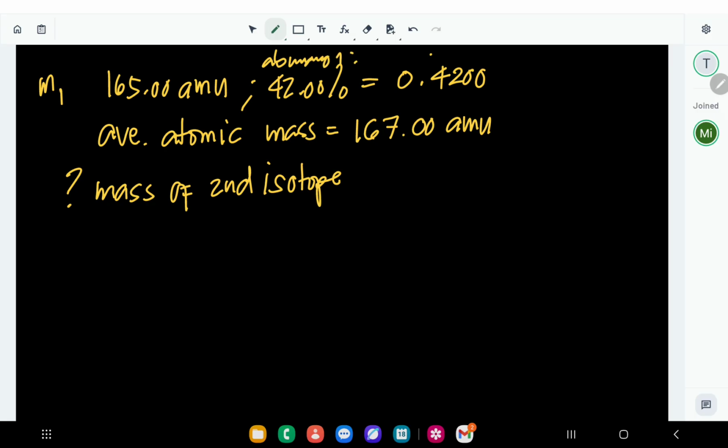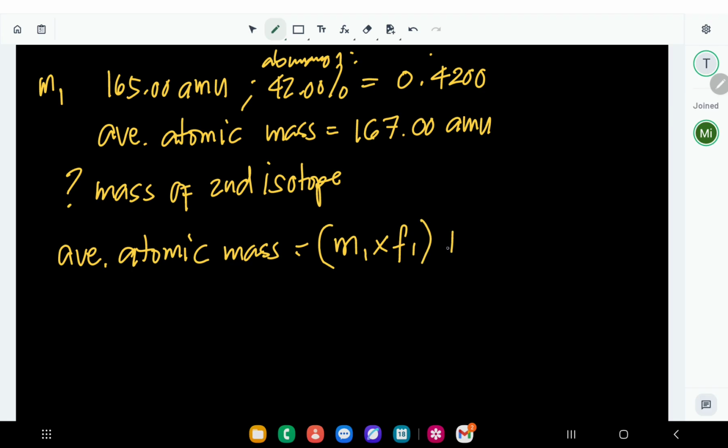We're given here the average atomic mass. To calculate the average atomic mass, we take the summation of the masses times the relative abundance. So mass 1 times abundance 1, plus the mass of the second isotope times its relative abundance.